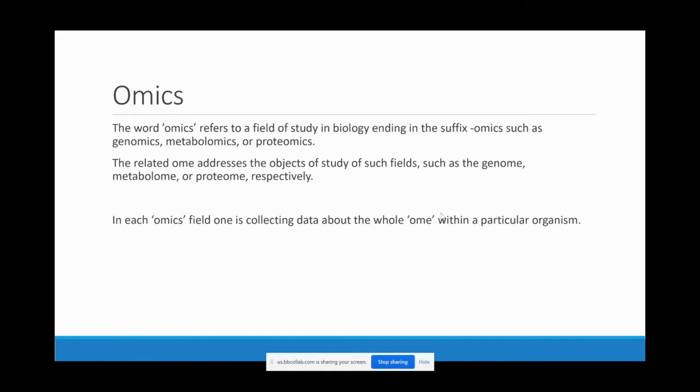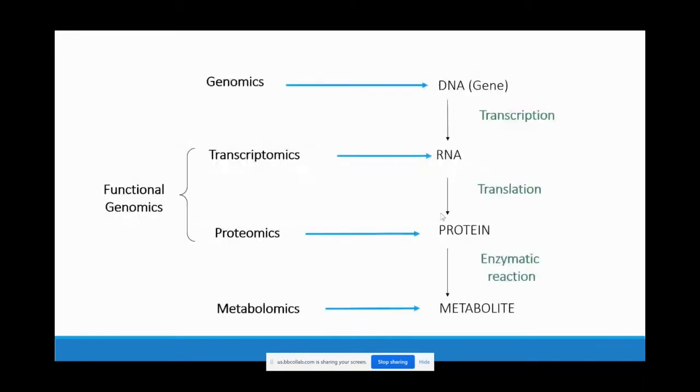So, genomics is all of the genes. There's also metabolomics or proteomics. So again, it is any of those fields respectively where you're studying the whole data of that particular system or organism. So we're going to talk about these four main omics.